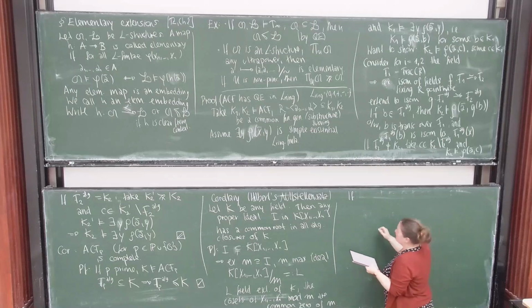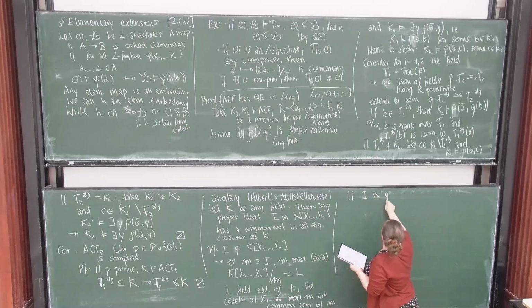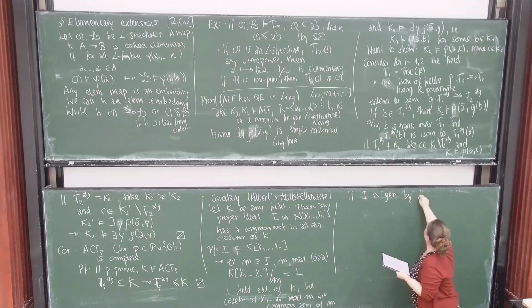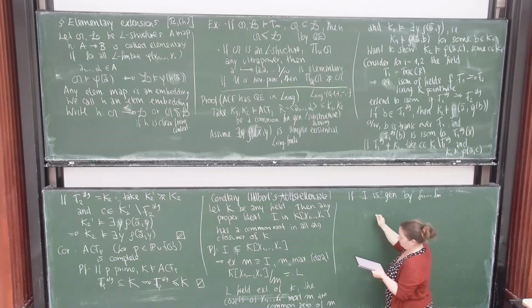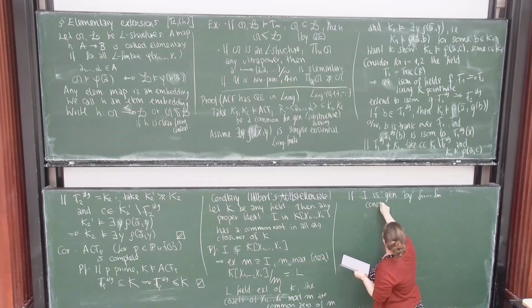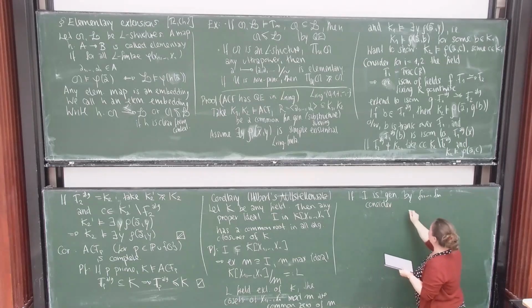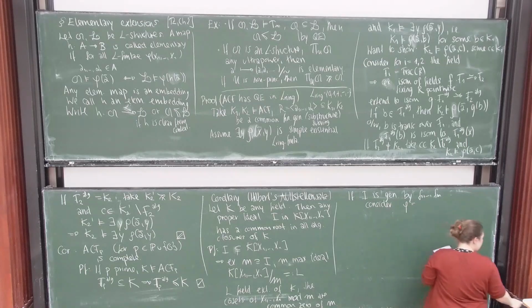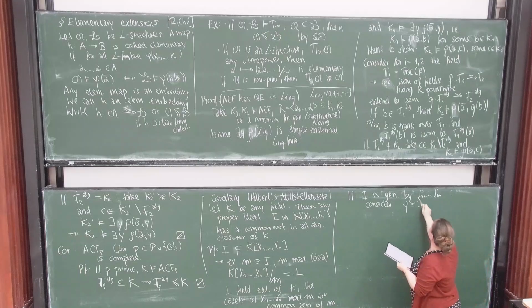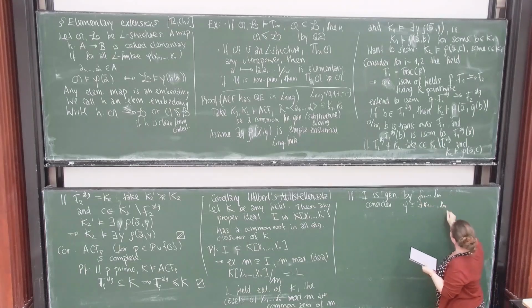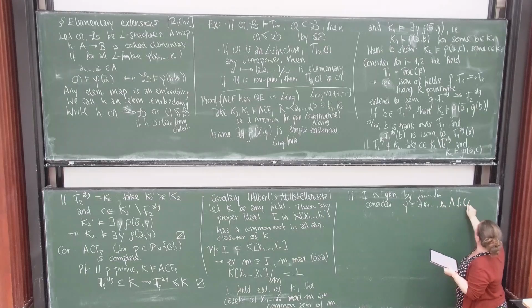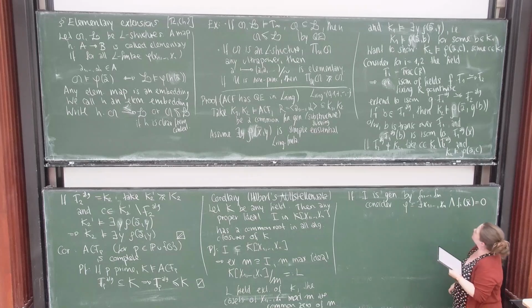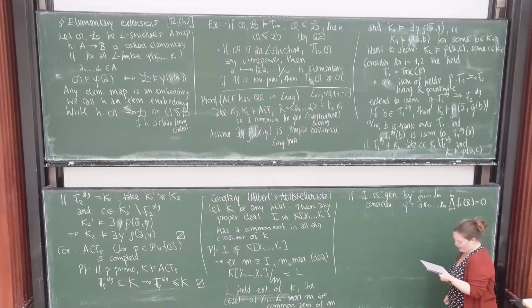So if I is generated by f1 up to fm, say, consider phi, the sentence which says there are x1 up to xn such that the fi have a common zero, my finitely many generators.